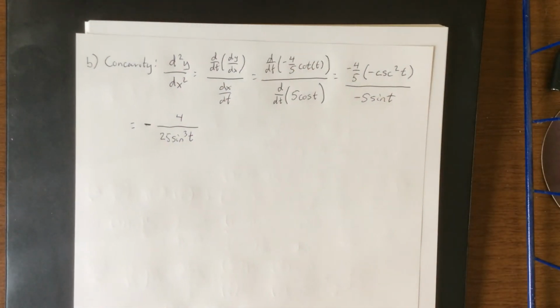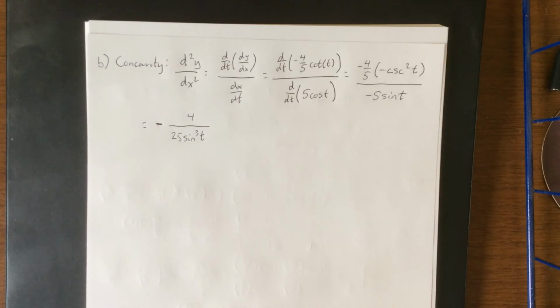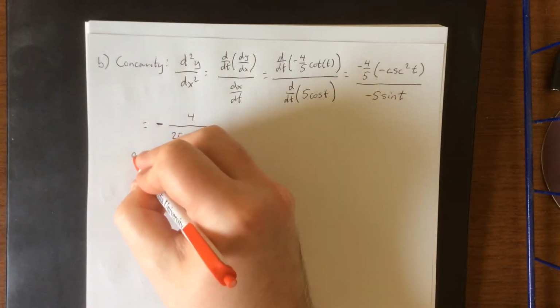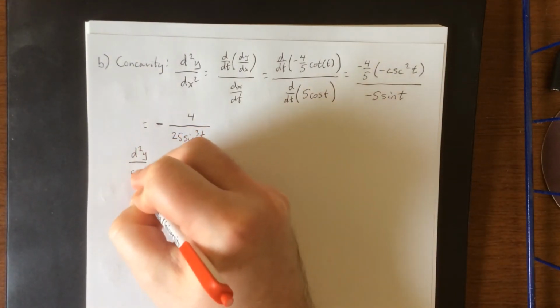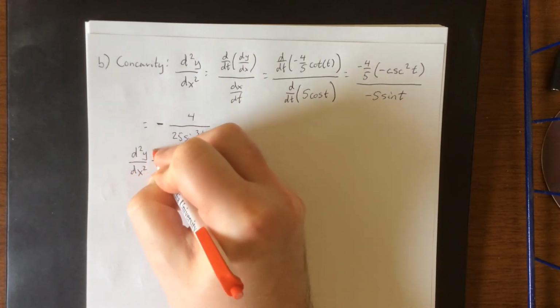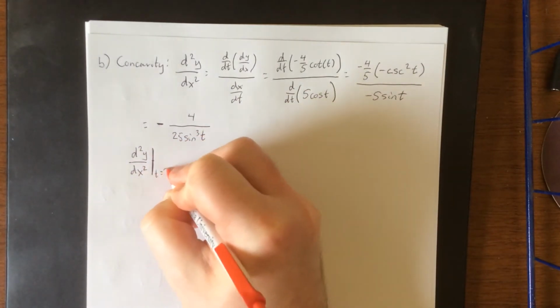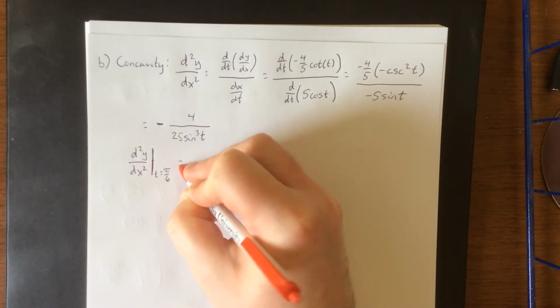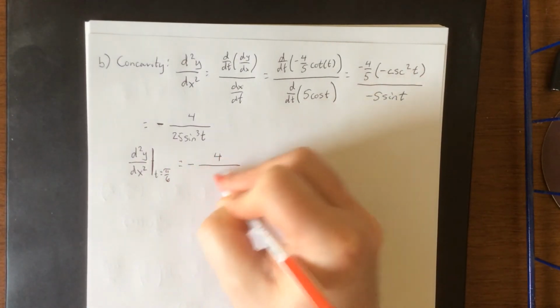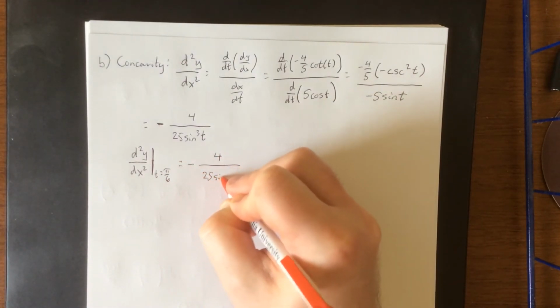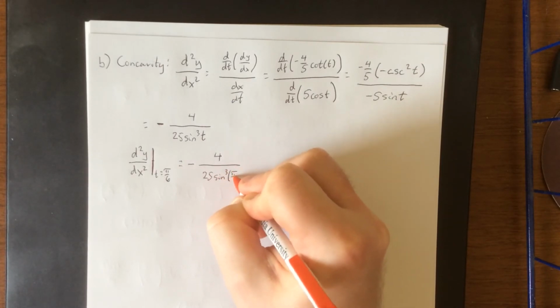Now we were interested in evaluating this concavity at t equals pi over 6, so let's go ahead and do so. D squared y over dx squared evaluated at t equals pi over 6 is going to give us negative 4 over 25 times the sine cubed of pi over 6.